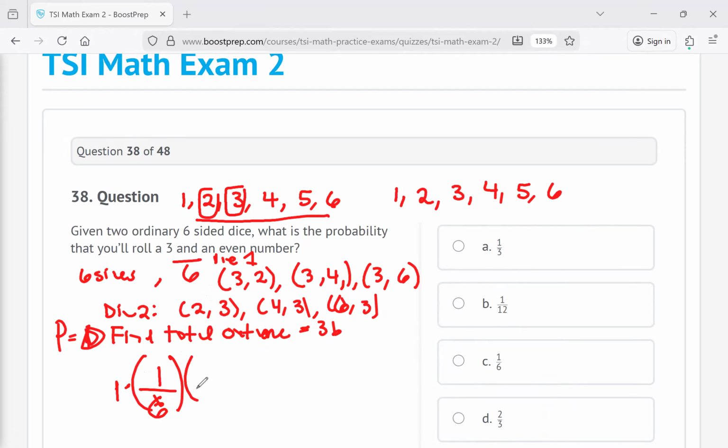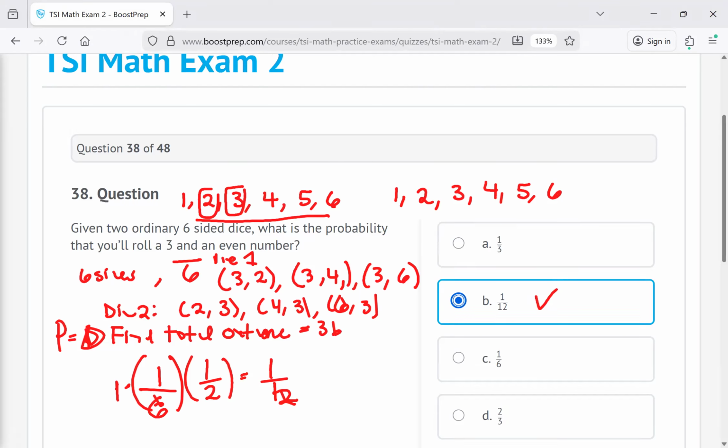So you times it by the second probability, which is one out of two. So when you put it all together, what's 1/6 times 1/2? 1/12. So I'm going to say one.